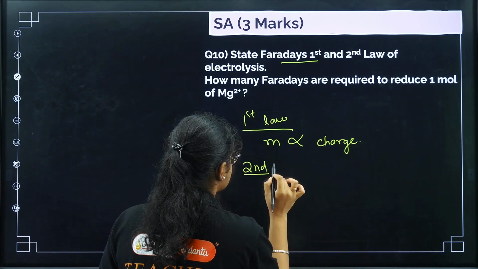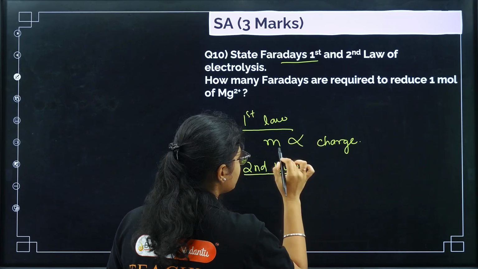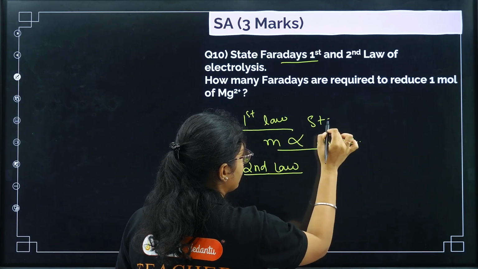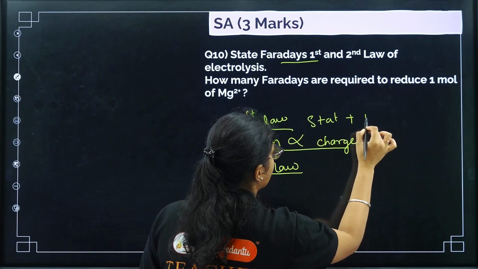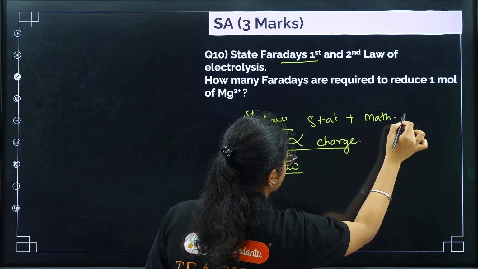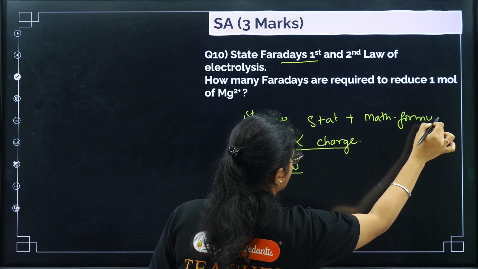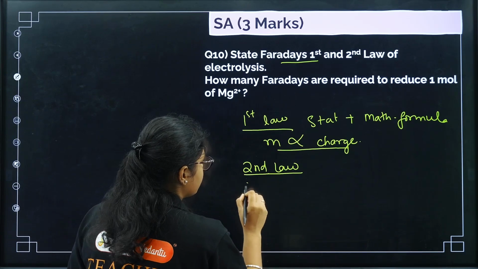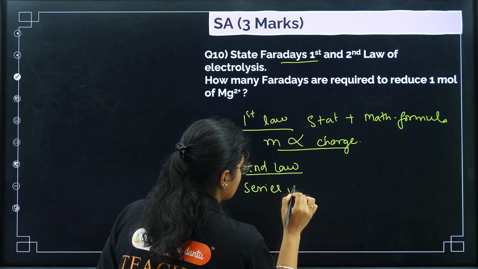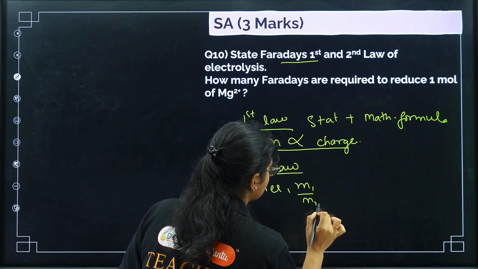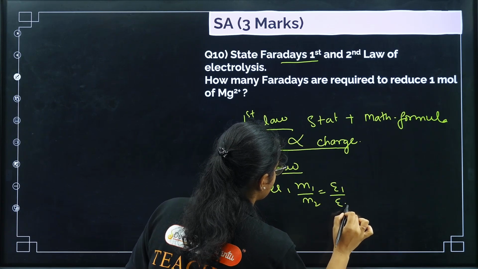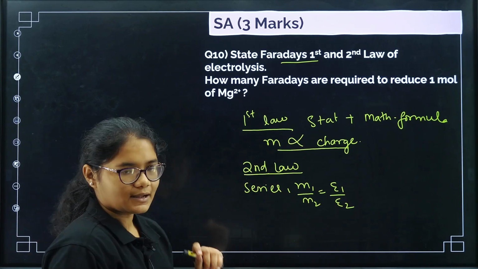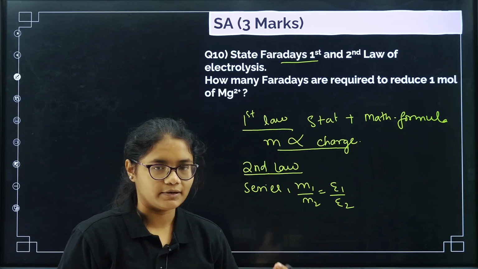And Faraday's second law, you need to write the statement, and then write down the mathematical formula. The second law says that when there is series connection, M1 by M2 is equal to E1 by E2. Right, so you have to write the complete statement from the book. You have to learn it.